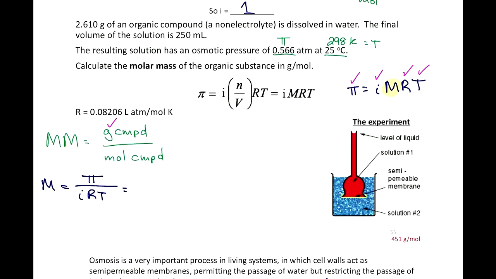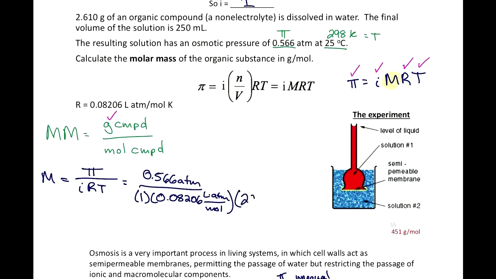So pi was given as 0.566 atm. i we just got as 1. R is the gas law constant, so it's the same one. Note how I'm using liter, atm, mole, Kelvin. Osmotic pressure is given in atmospheres, but if I gave it to you in torr, just like PIVNERT, you'd have to manipulate it a little bit before using this gas law constant.